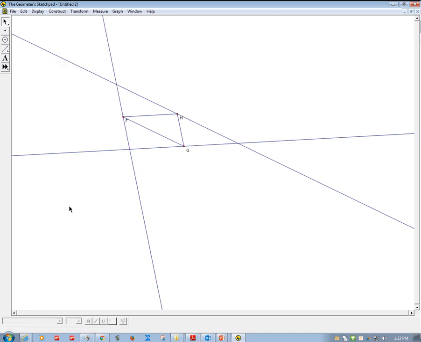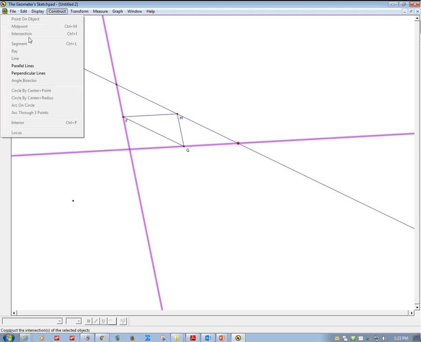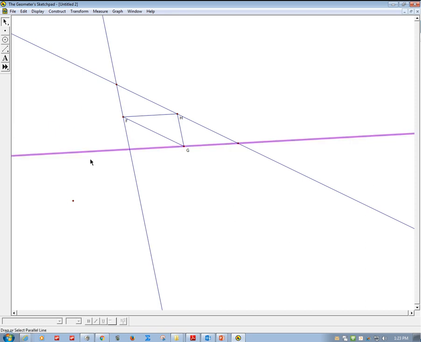Okay, we'll just construct the intersections. Construct the intersection, and then this guy. Oh, I had an extra point in there, didn't I? There we go.